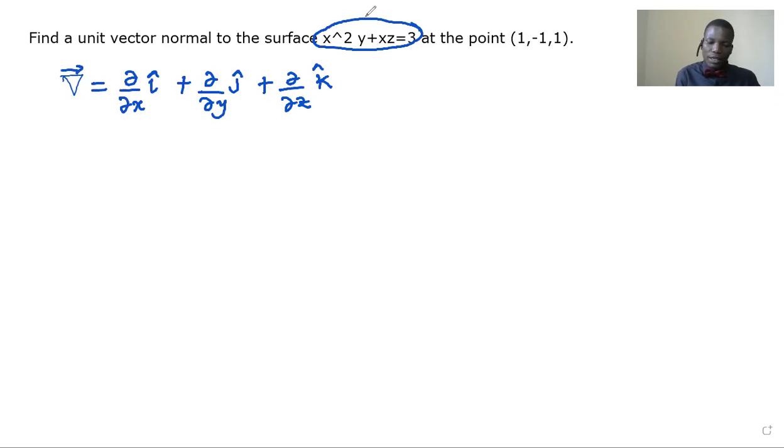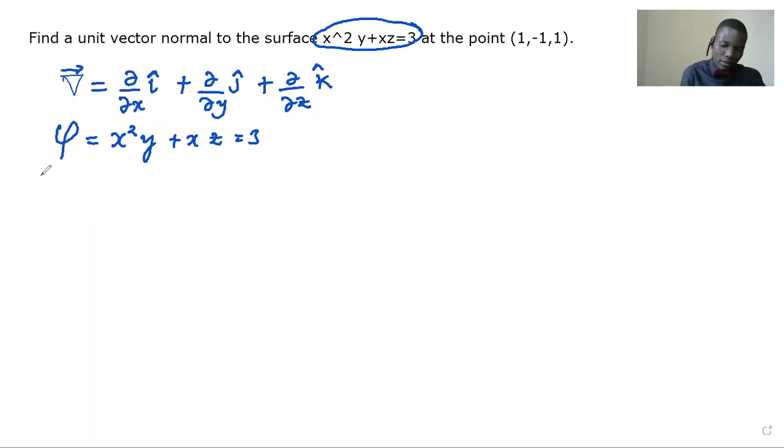So let this scalar be phi, equal to x squared y plus xz cubed.